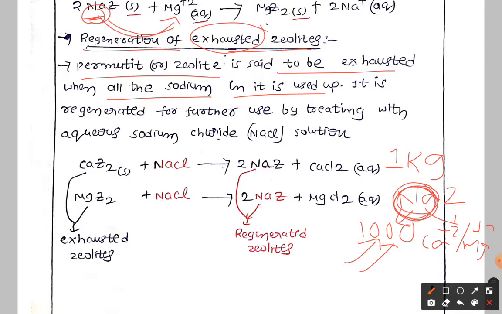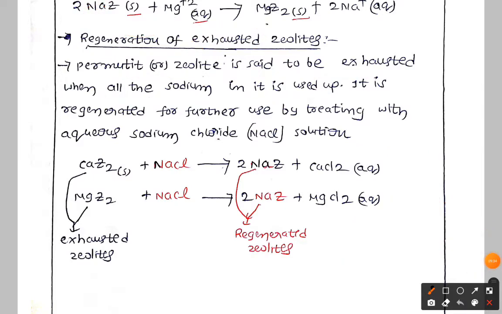Now we can go for regeneration by adding sodium chloride. It is regenerated for further use by treatment with sodium chloride. Here the zeolite has calcium and magnesium ions instead of sodium, so this is called exhausted zeolite.